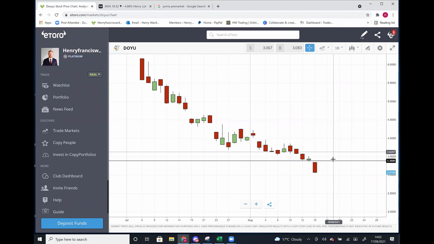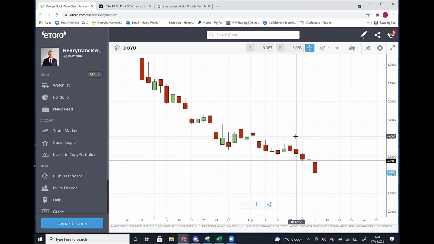Why has it fallen so much? It's all to do with the delisting, with the investigations going on in China over the companies that are listed on the Nasdaq or the US stock market, and they're getting investigated, all that sort of stuff.